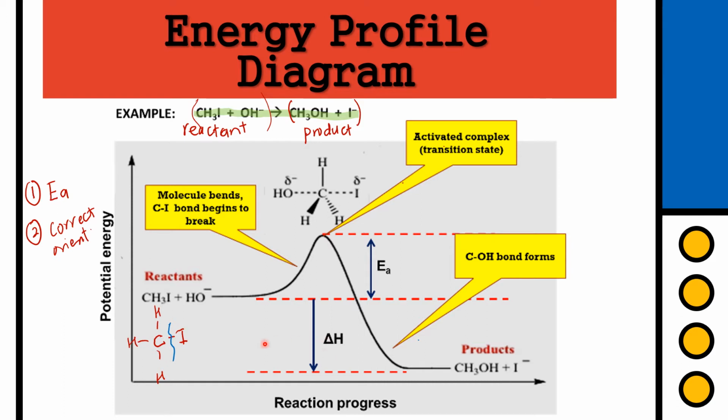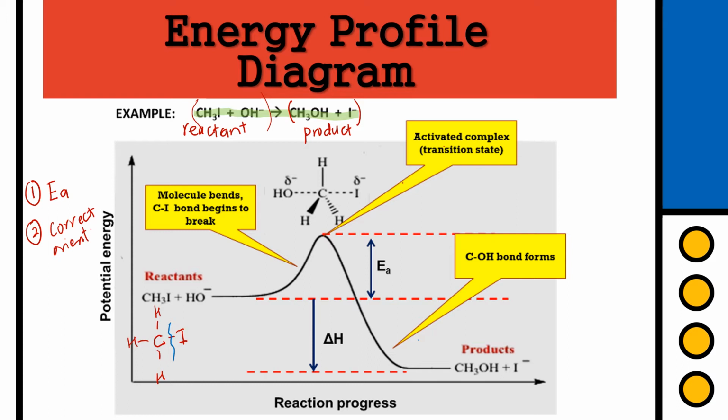Okay, the next part, to determine the shape of the energy profile diagram that we're going to draw, there will be two types of energy profile diagram. What are the types?